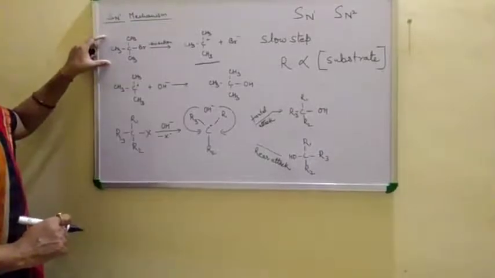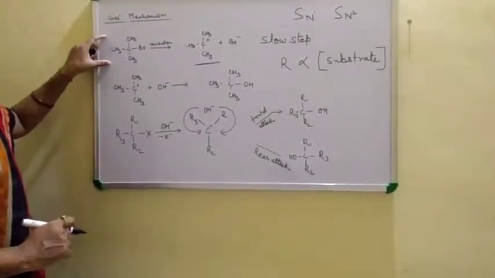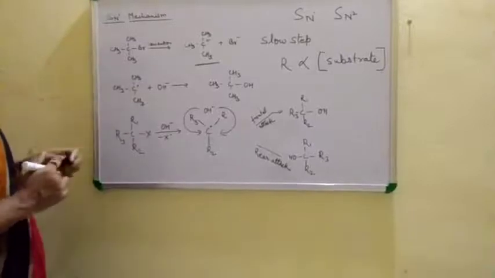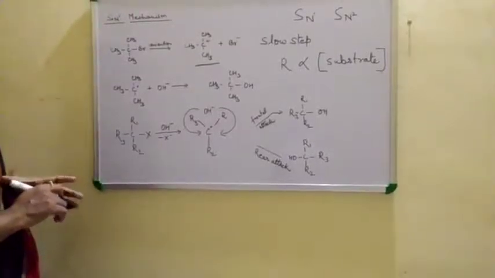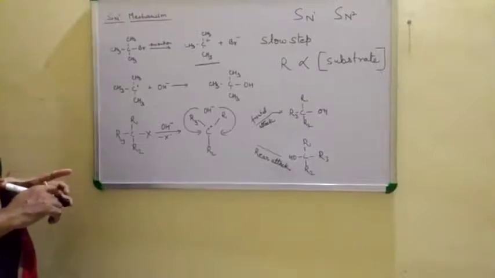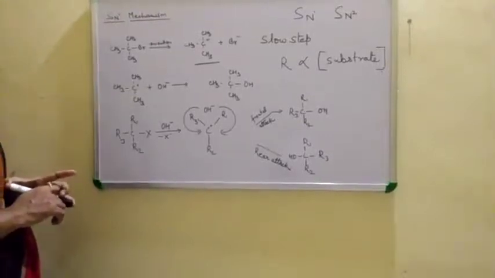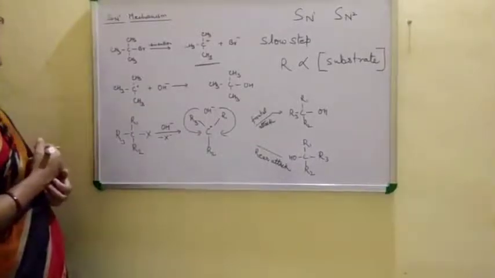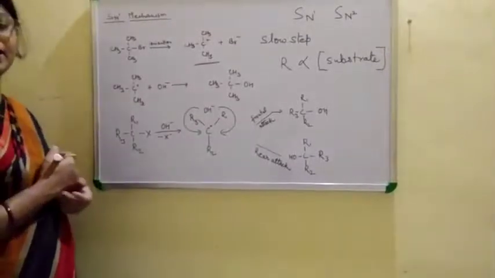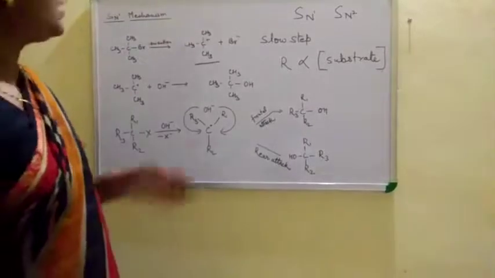This is the substrate molecule. So the rate of the reaction depends only upon the concentration of the substrate molecule. That's why it is known as unimolecular nucleophilic substitution reaction. And it generally takes place in tertiary alkyl halides.